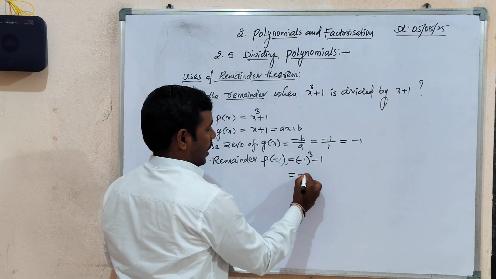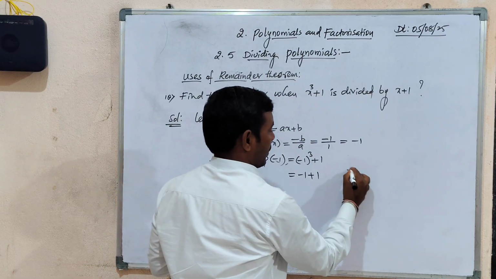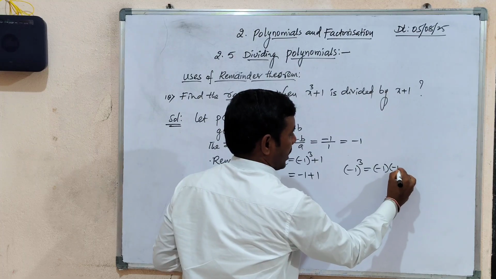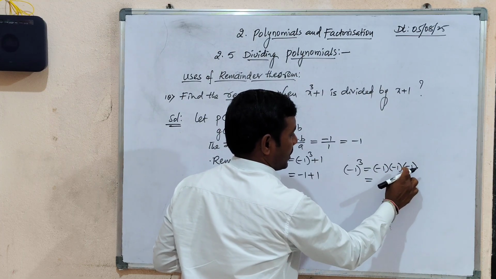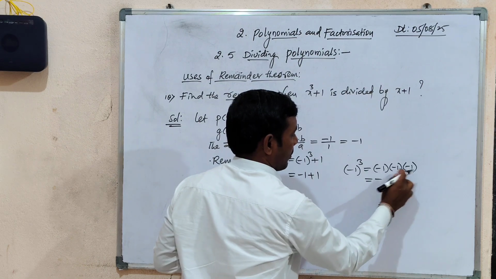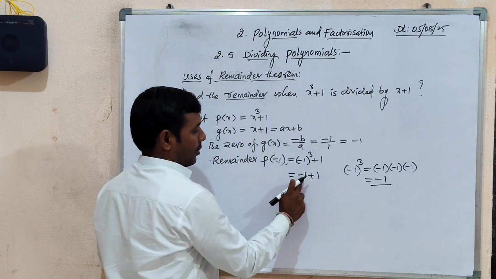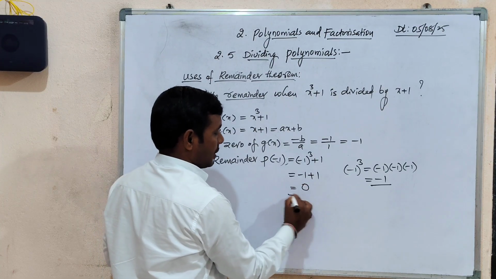Minus 1 to the power of 3: minus 1 into minus 1 into minus 1. Minus into minus is plus, plus into minus is minus, so the answer is minus 1. So minus 1 plus 1 cancel, result is 0.